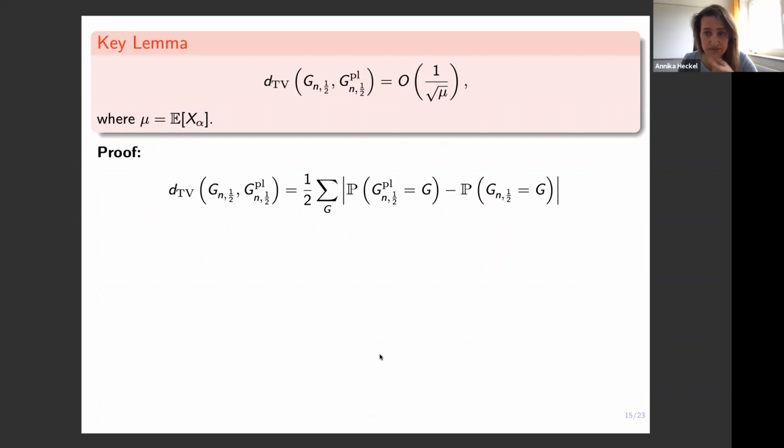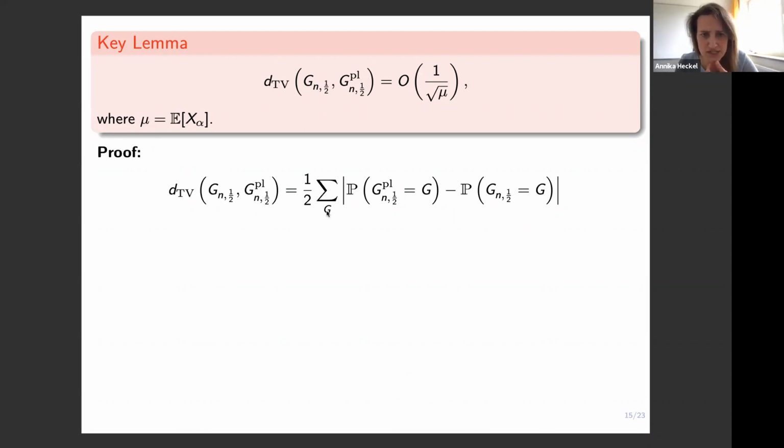How do we prove this? The total variation distance, if we have discrete random variables, we can write like this. It's 1/2 times the sum over every value the random variable can take. In this case, the random variable is the graph. So we take the sum over all graphs on n vertices.